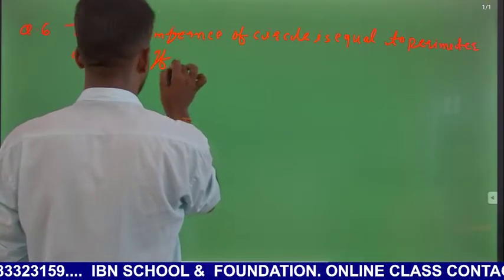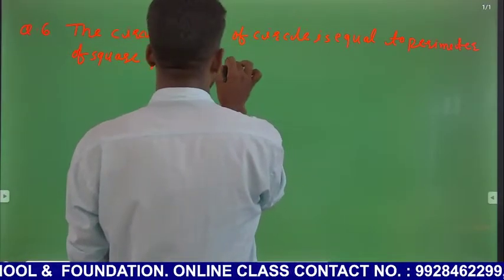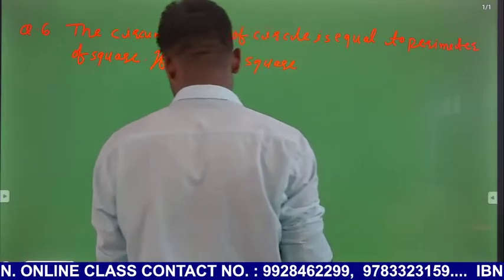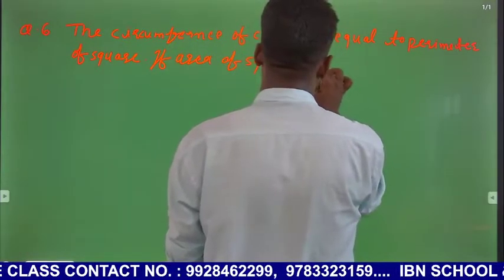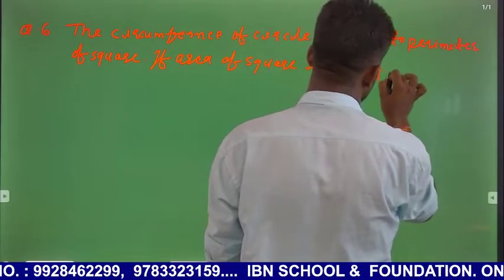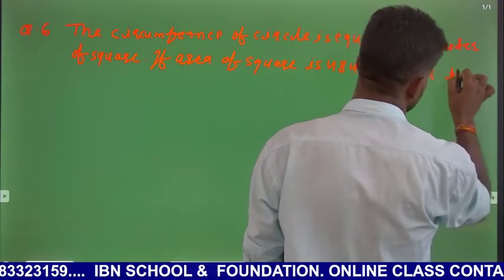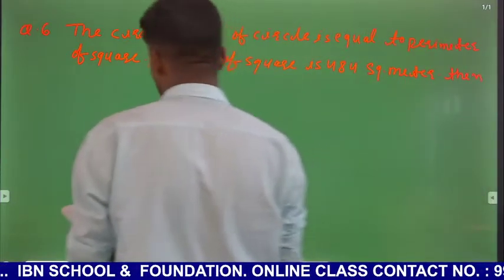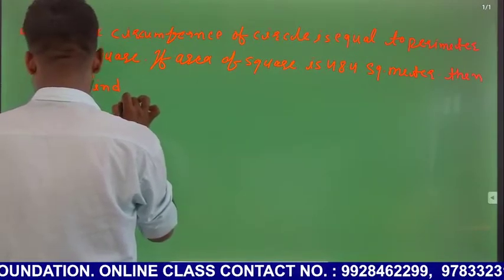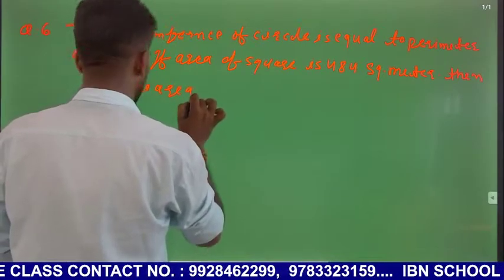If the area of the square is 484 square meter, then find the area of the circle.